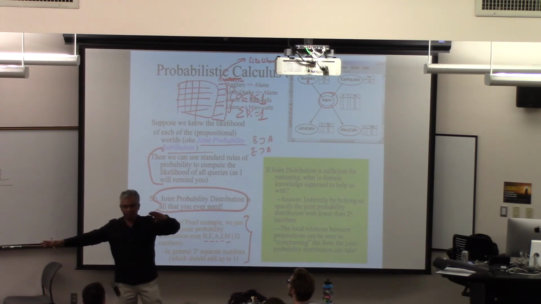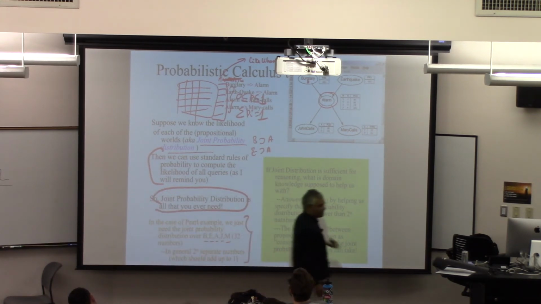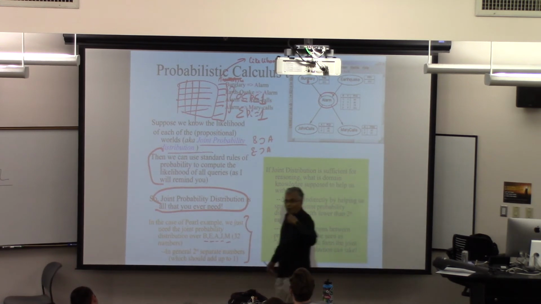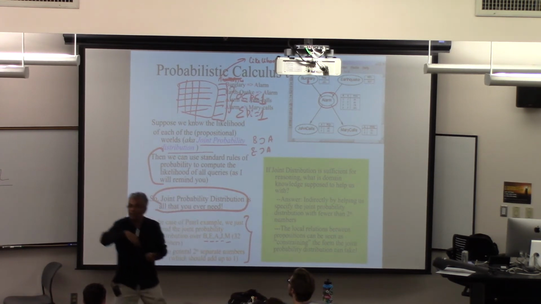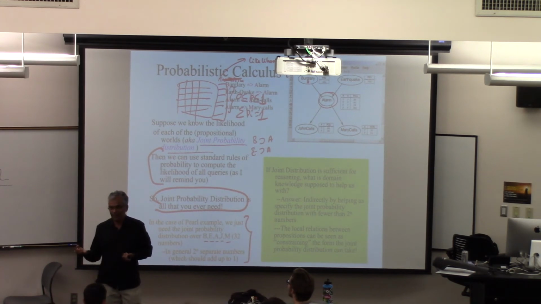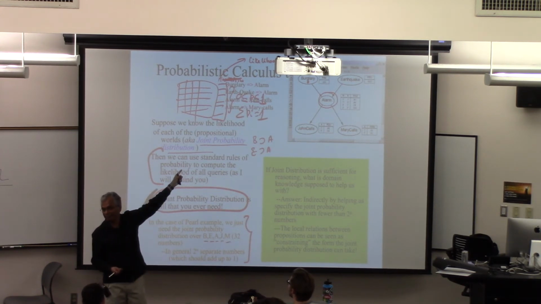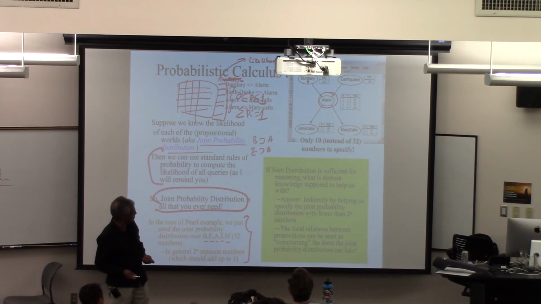That's it. So for burglary, I need the probability distribution of burglary given its immediate parents. It has no parents, so I just give the probability of burglary and the probability of not burglary. But I'm smart: I realize that if I give you the probability of burglary, 1 minus that is the probability of not burglary. So I just give one number. Similarly for the earthquake, I give one number. In fact, in the next slide, the numbers are bigger.